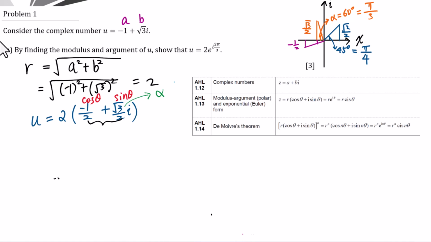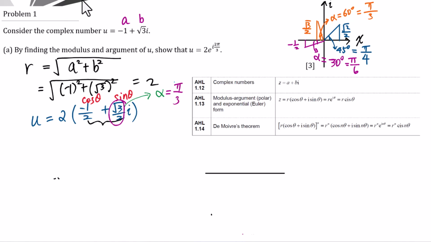If the opposite side of this reference angle is 1 over 2, then the reference angle equals 30 degrees, which is pi over 6. We will use the imaginary part of a complex number to decide the reference angle equals pi over 3.